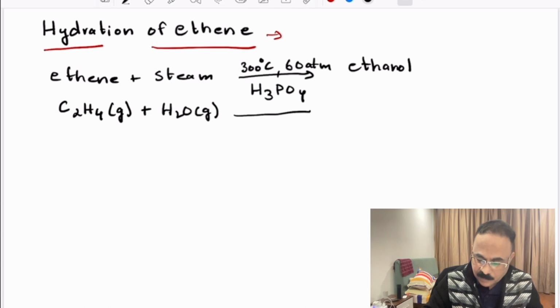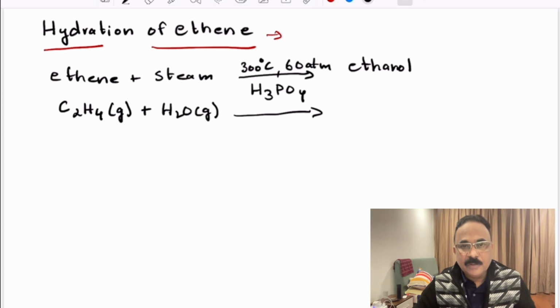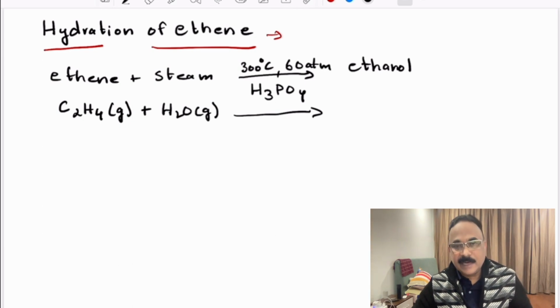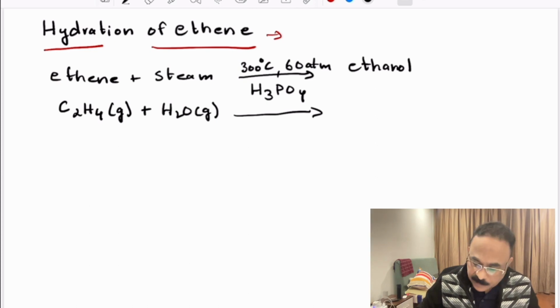And then we know the conditions. The ethene and steam are compressed to 60 atmospheric pressure, and the temperature is 300 degrees Celsius, and we pass it through the catalyst, that is phosphoric acid. So in the end the product will be ethanol.